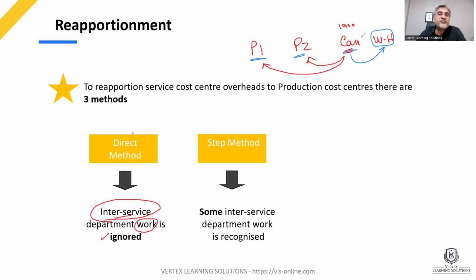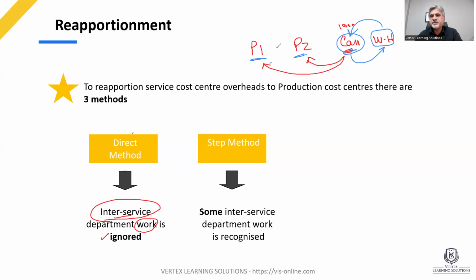In warehouse, there are also 5 people working. Where do they go and eat food? Do you think that they don't get food? They also get food. So they come to canteen department. So it means that canteen is serving not only production, but canteen, which is a service department, is also providing service to warehouse. So we call it inter-service department cost. So one service department is providing service to another service department. Canteen is also providing service to the warehouse.